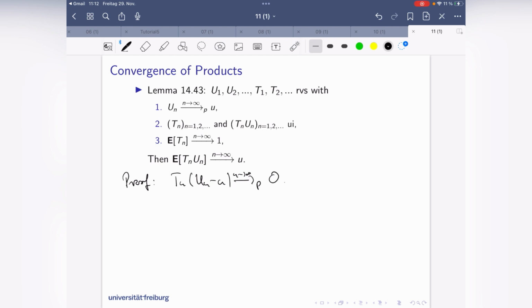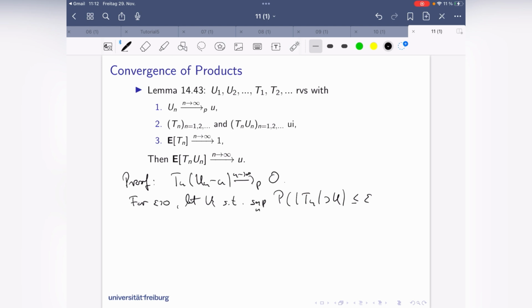So how do we prove this? For epsilon bigger than 0, I take a k such that the supremum over all n of the probability of Tn bigger than k is less than or equal to epsilon.